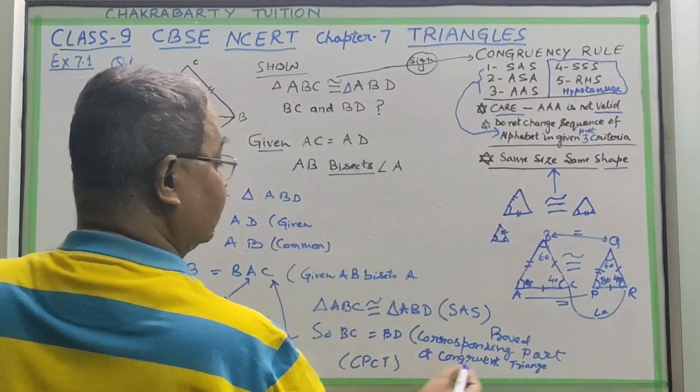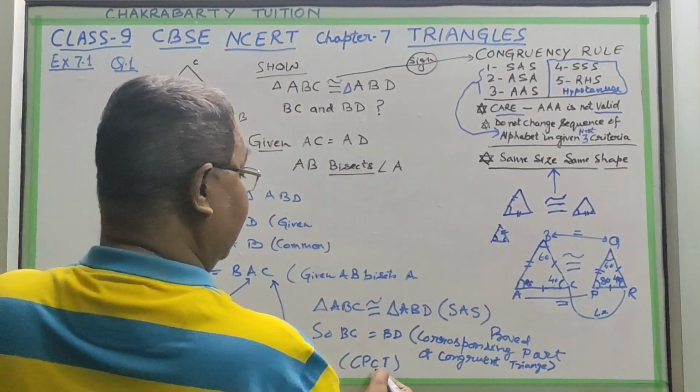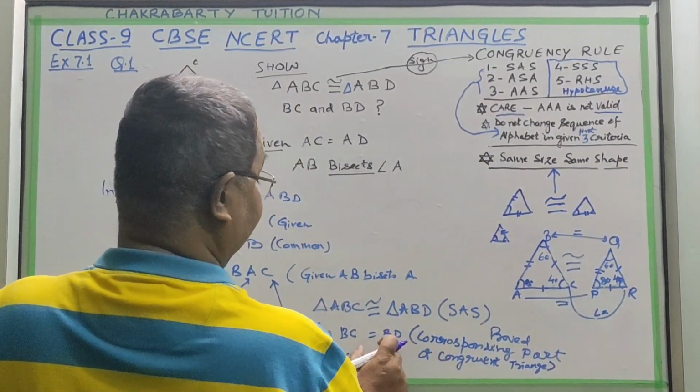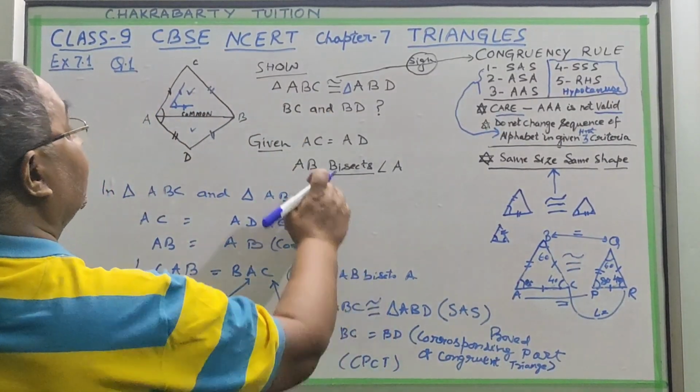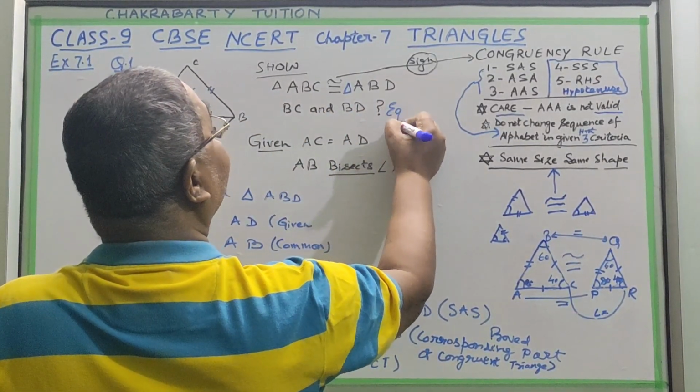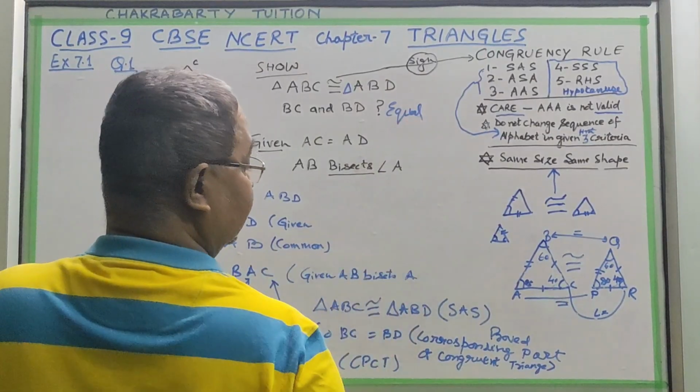Next time I will use this. So corresponding parts of congruent triangles means here and here, so that's why they will be equal. So like this your first question is over.